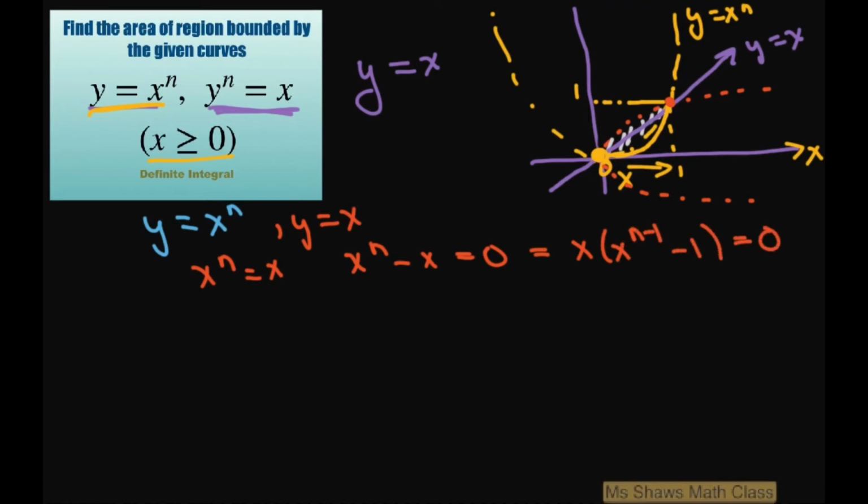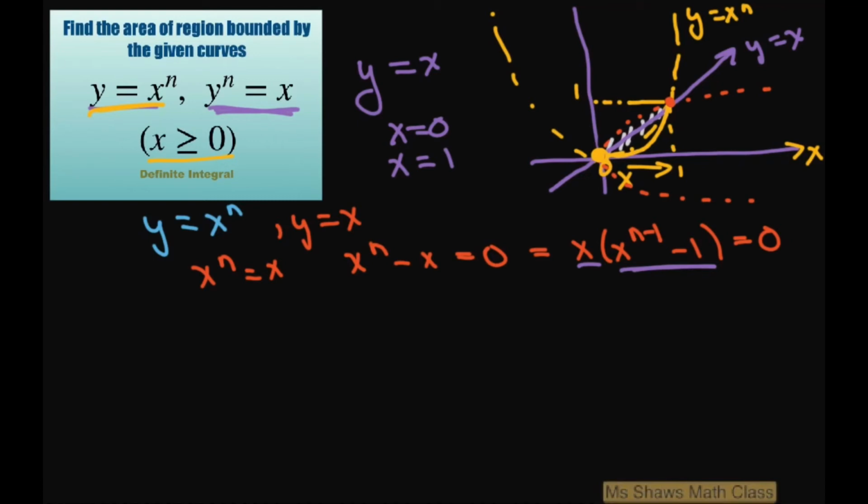All right, so that would give you x equals 0 as an intersection point, and for this piece, we would get x equals 1. All right, so that's that part.